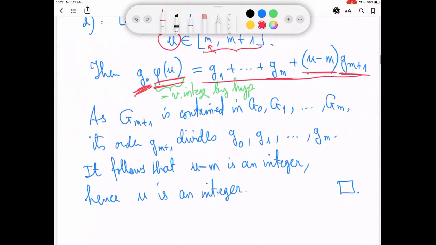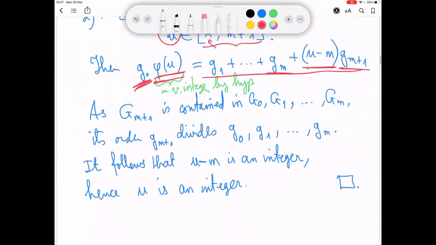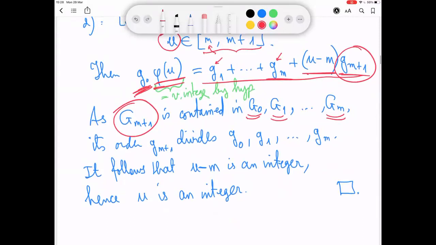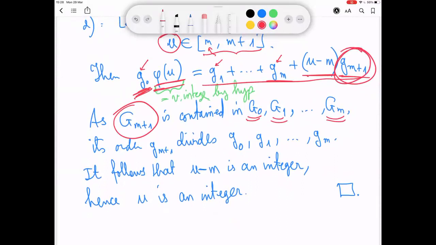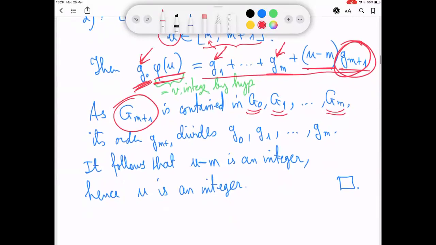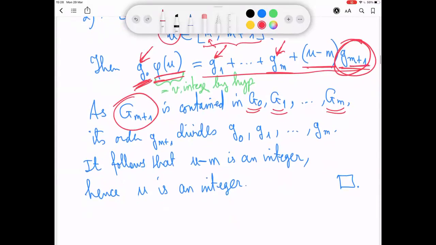We have this formula. Now, this gm plus 1 is the order of the group gm plus 1, and that's a subgroup of g naught, g1, and gm. The orders of these groups are these numbers. So this gm plus 1 divides all these numbers. So let's divide throughout by gm plus 1.